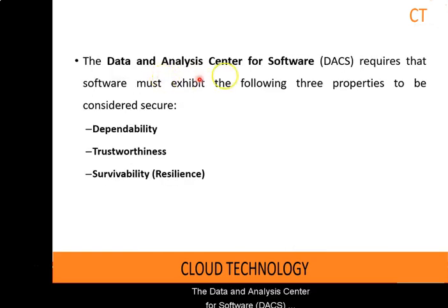The Data and Analysis Center for Software requires that software must exhibit the following three properties to be considered secure: dependability, software that executes predictably and operates correctly under a variety of conditions, including when under attack or running on a malicious host.